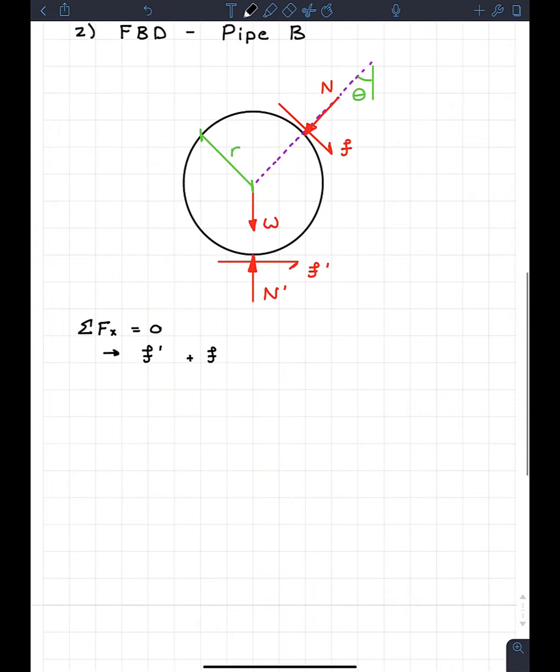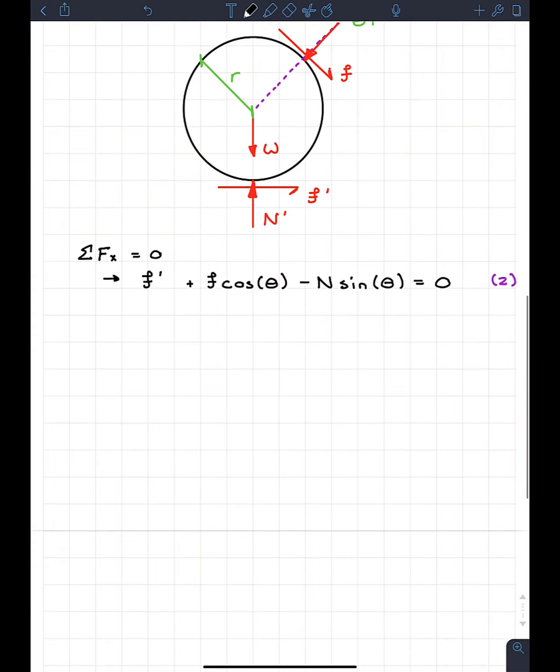So it's going to be F times cosine of theta. And if we look, we have N going to the left, so we're going to have minus N, and this one's going to be times sine of theta. And we know in equilibrium, everything must be equal to 0. And as the fun continues, we say this is going to be equation 2.